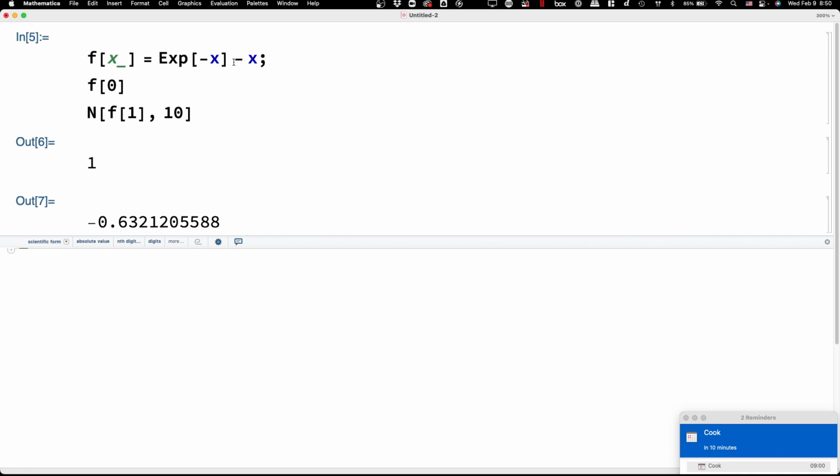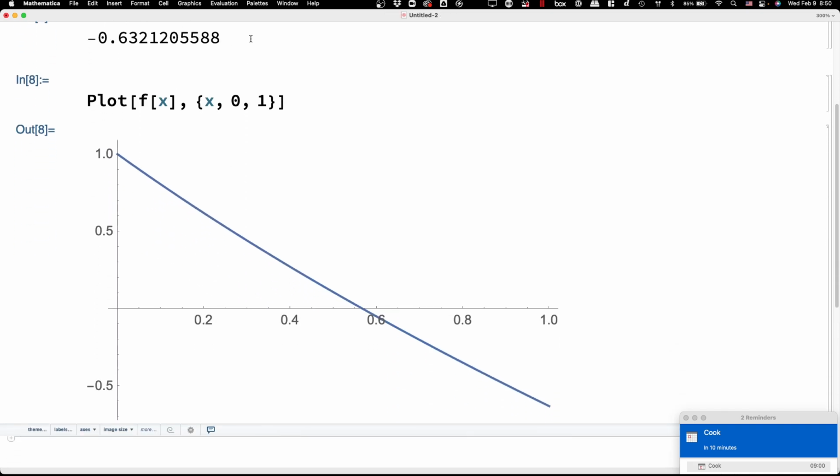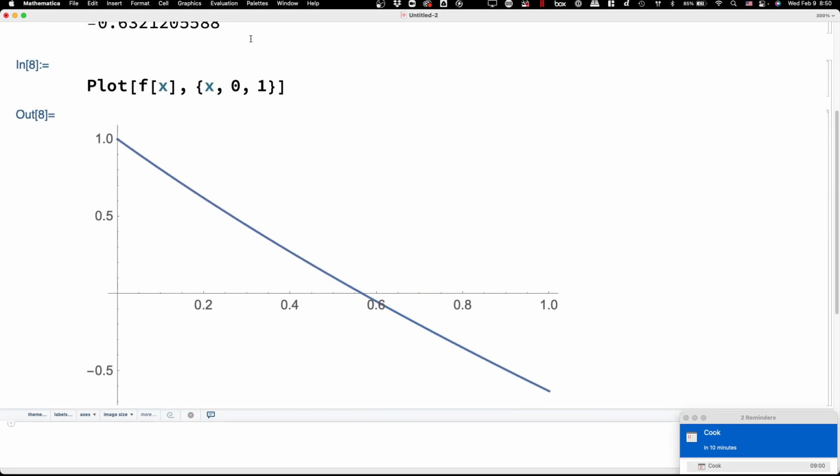So let's graph it and see why this makes sense. I know it looks like a straight line. It really isn't. It's just because I only graphed it for one unit of x that it looks semi-straight. What's going on there?